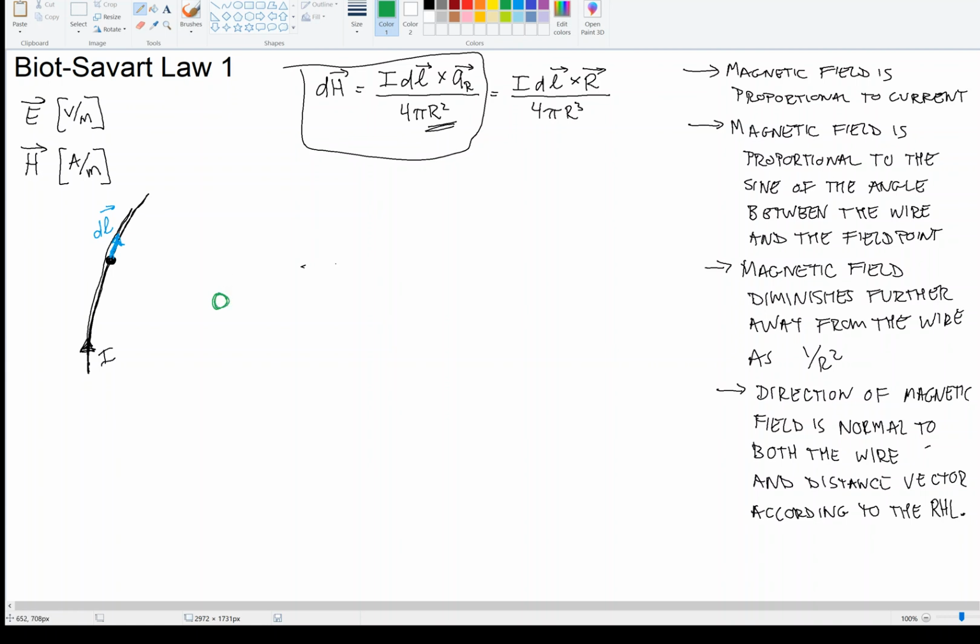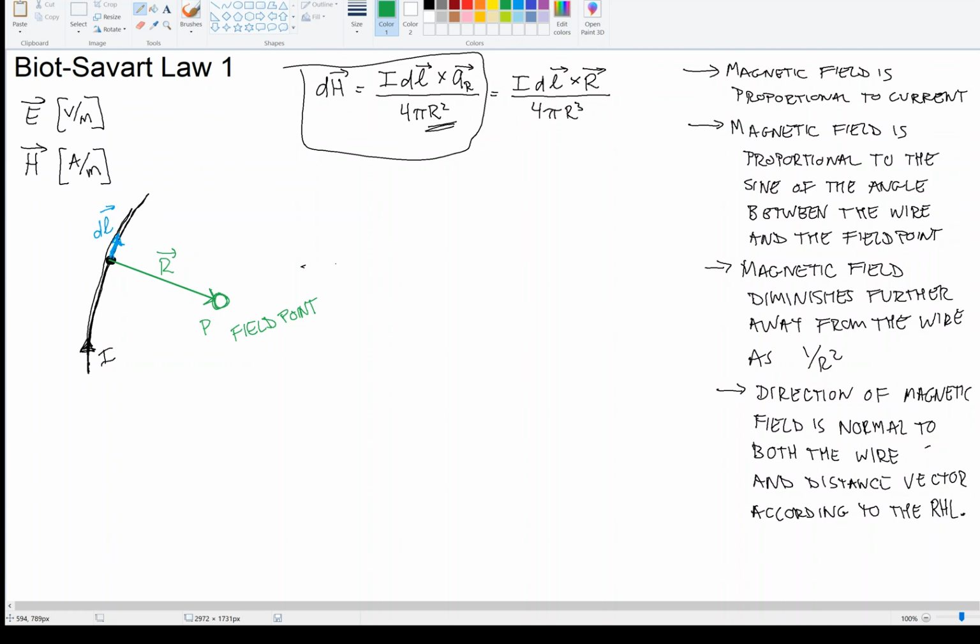Okay, so that's the field point, and we'll call that point P. So what I can do is draw my radius vector, right? So this is r now in the equation. I'm going from the infinitesimally short piece of wire to the point in space in which I am interested.